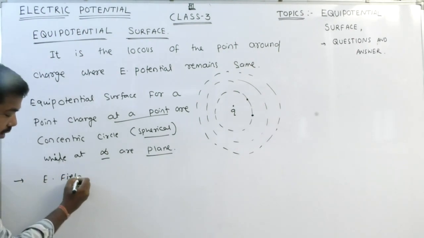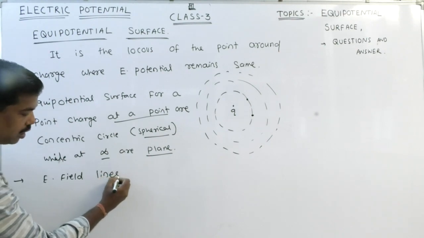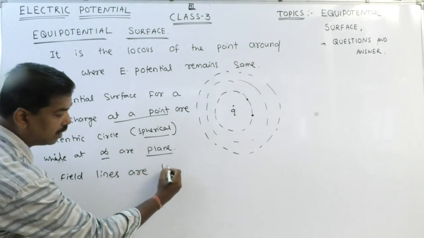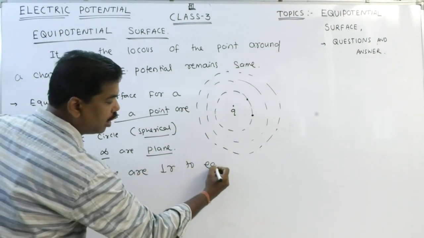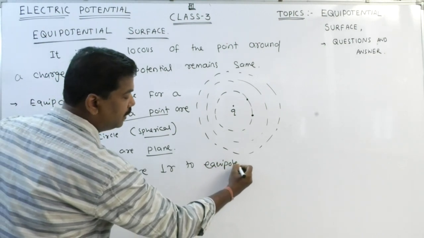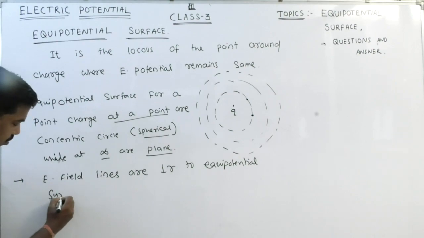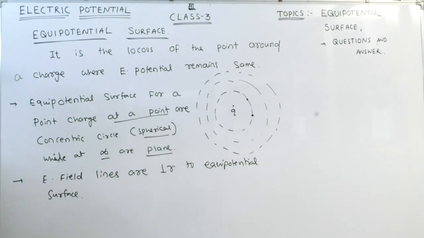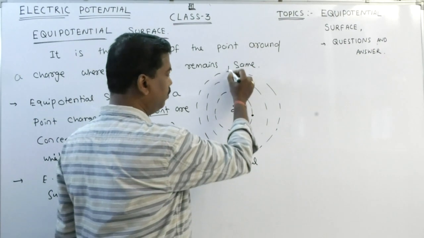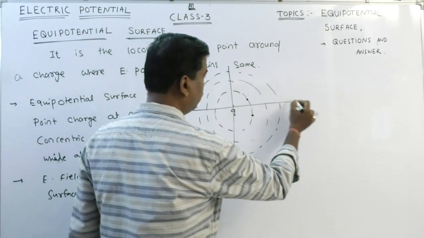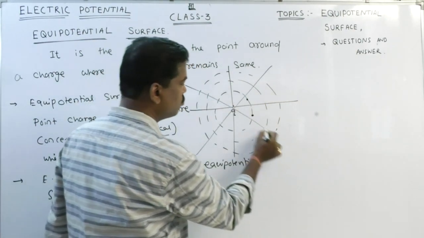Electric field lines are perpendicular to the equipotential surface. Clear? Listen to me.